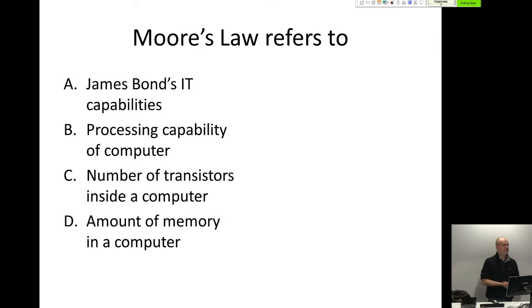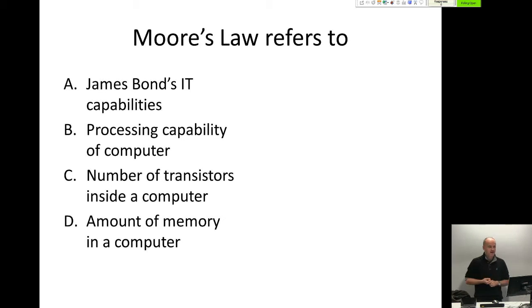However, when we speak about it in the media, very often we speak about B. It's a shortcut because many people don't have an understanding of what transistors are. If you tell people, now you have double the number of transistors, who cares? But if we tell you, now your computer is going twice as fast, thanks to some technology improvements, that makes sense.